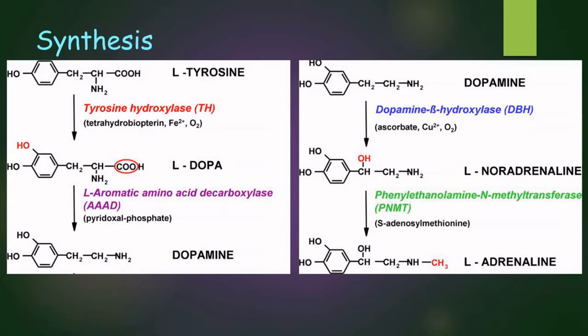So it becomes an amino compound, and the dopamine is then hydroxylated. A third OH group is added at this place, and it's called noradrenaline or norepinephrine. And finally, you have a methyltransferase which adds a methyl group to the amino group. So this becomes adrenaline or epinephrine.